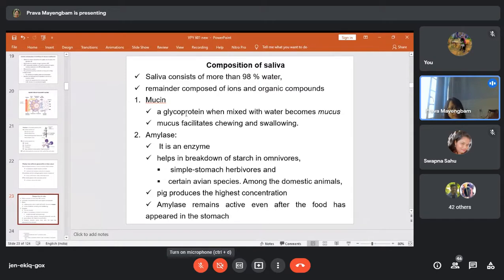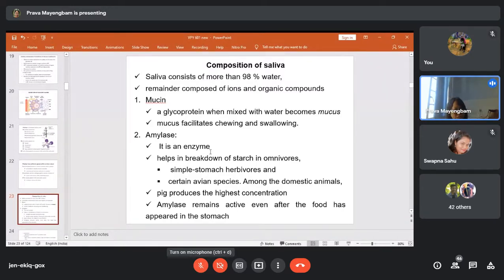Mucus facilitates chewing and swallowing. It gives a coat on the food substances, and then it helps in easy chewing as well as easy swallowing. Then the next component is amylase.